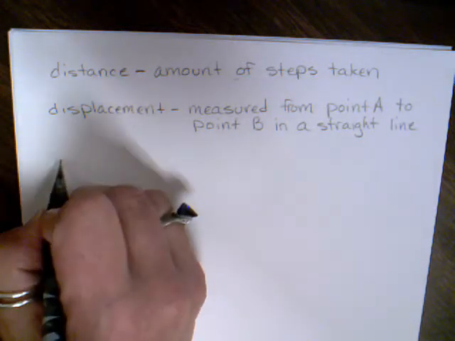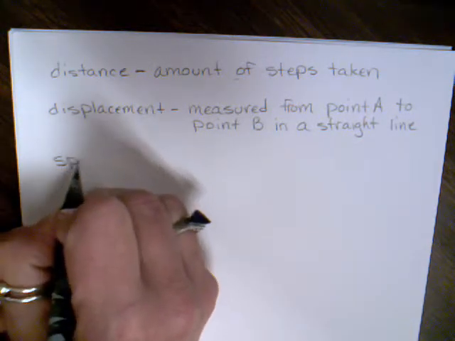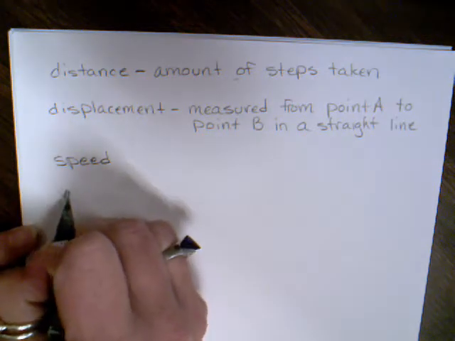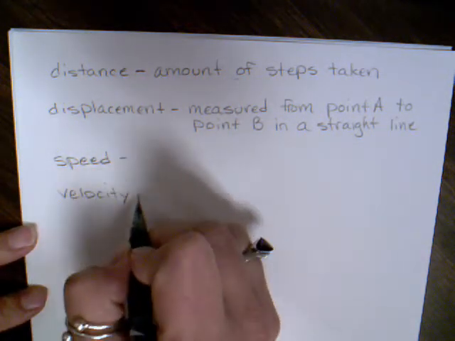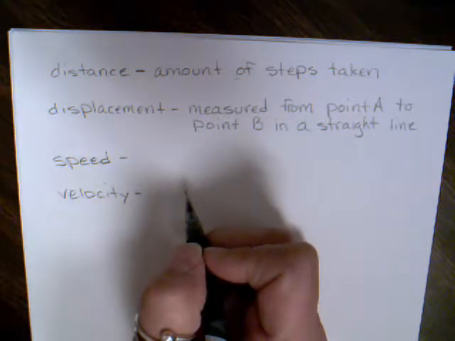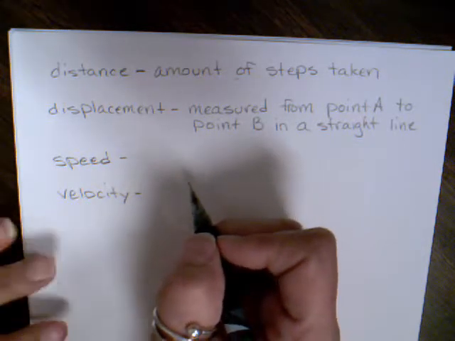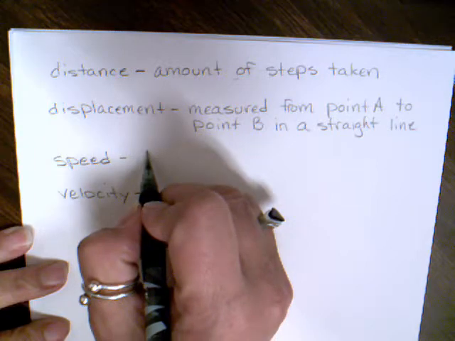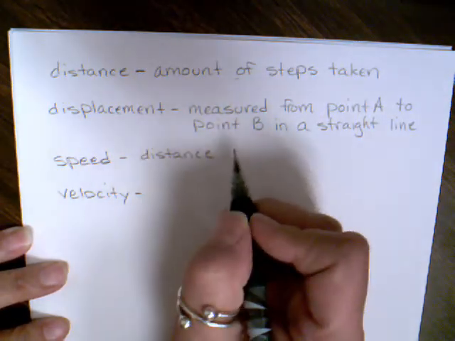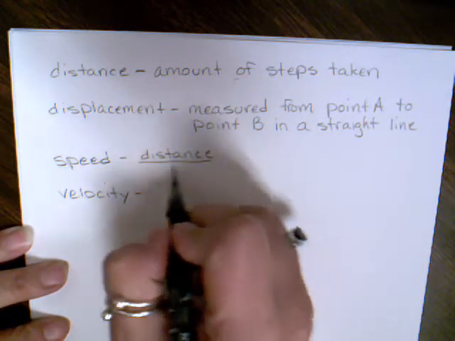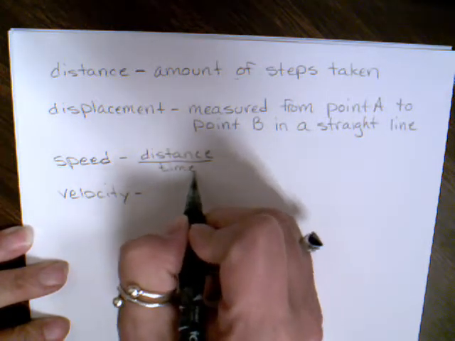The next thing we need to talk about is the difference between speed and velocity. Speed is the distance traveled over the amount of time it takes to get there.